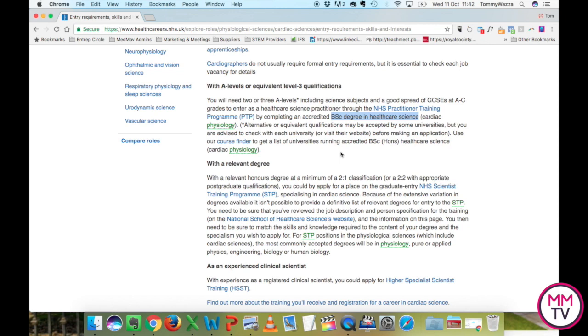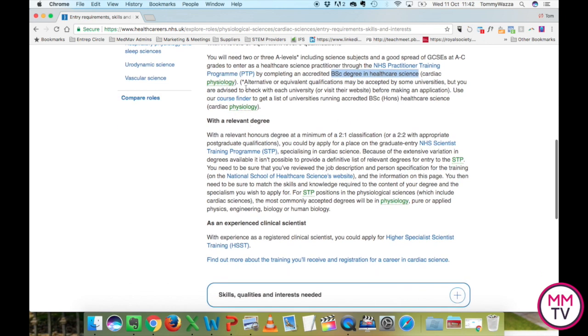It also tells you down here what you need once you've got that degree: a minimum of a 2-1, that's like a B grade at GCSE or A level. A first is like the top grade, and a 2-1 is the next level down.